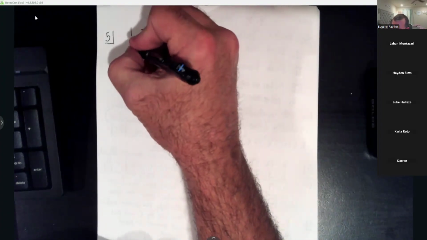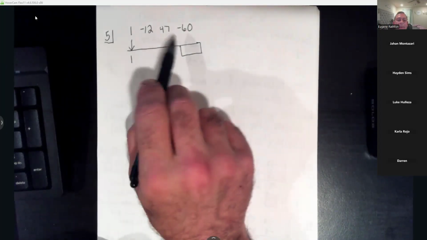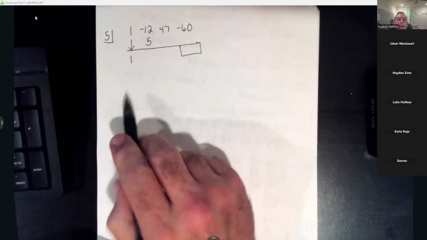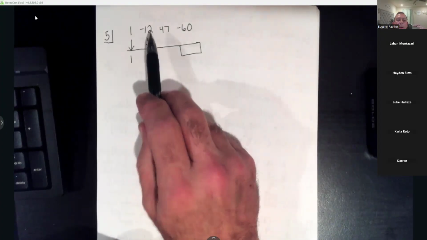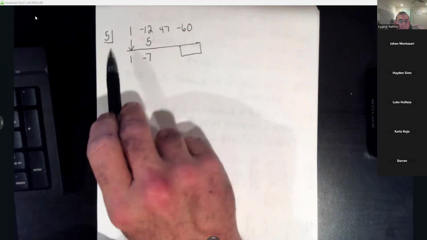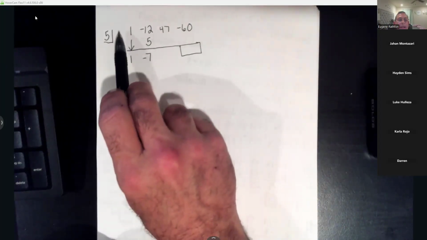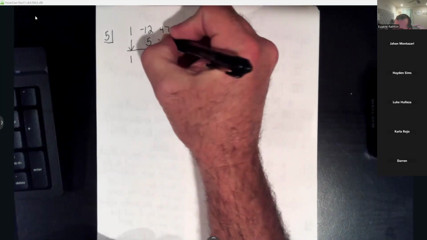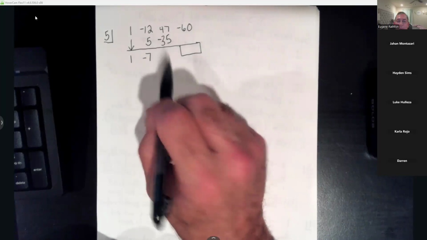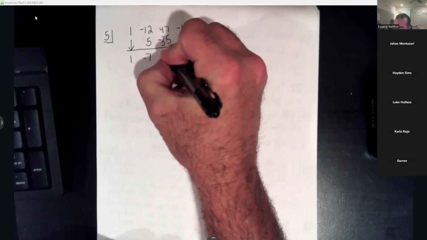Here we go. Bring the first number down below the line. Then you're going to start multiplying and adding until we're done. So 1 times 5 is 5. Negative 12 and 5 gives me a negative 7. Then I would multiply again. Negative 7 times 5 is negative 35. 47 and negative 35 give me 12.